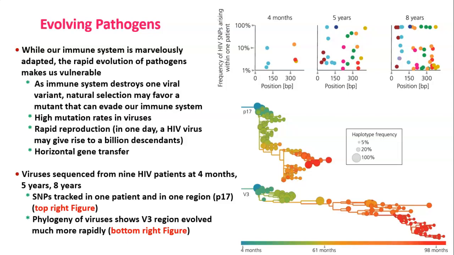So there's that aspect as well. Different regions or parts of these pathogens can evolve at more rapid rates than others. So these are some of the challenges posed by pathogens to our immune systems.